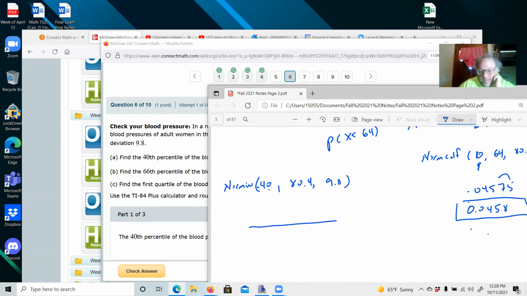The picture we're painting here is that we want this 40% here. So we should get a value below average, because 40% would be below the 50%.